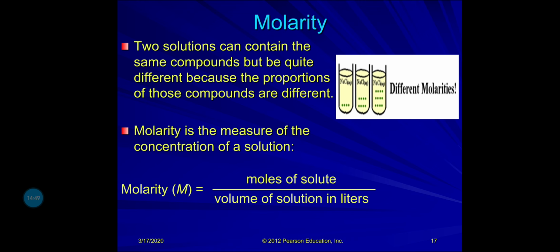Although both contain the same compounds, sugar and water, they would be quite different when you taste them. The reason is that there are more sugar molecules dissolved in that particular amount of water compared to the first one.